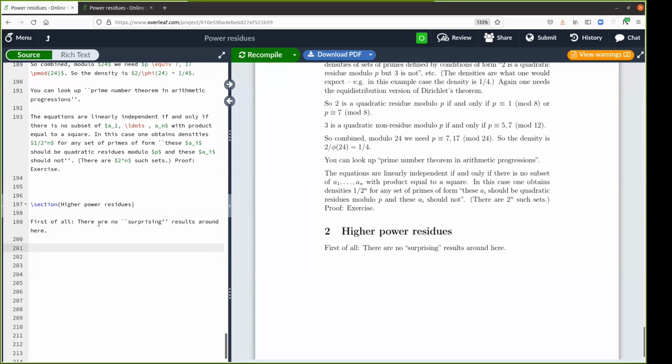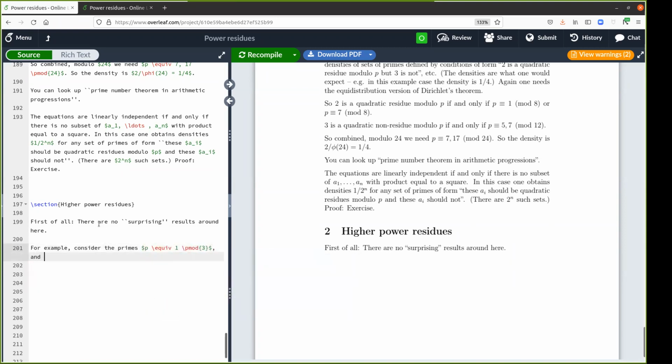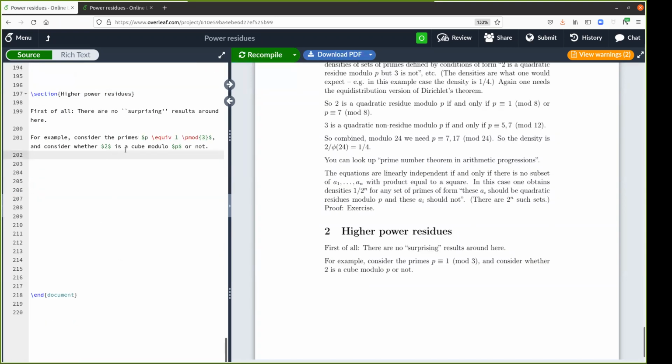In some sense, the independence ideas carry on to the higher power residues. So we take a third example of thinking whether 2 is a cube modulo p or not. And of course, we have to restrict to p being equal to 1 modulo 3, because otherwise the answer is trivially yes.